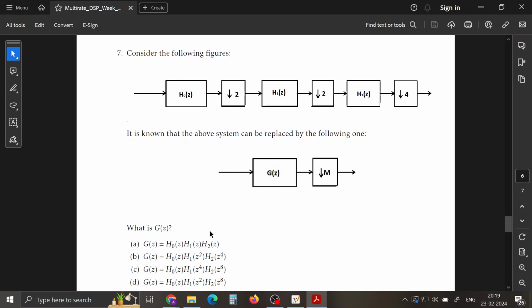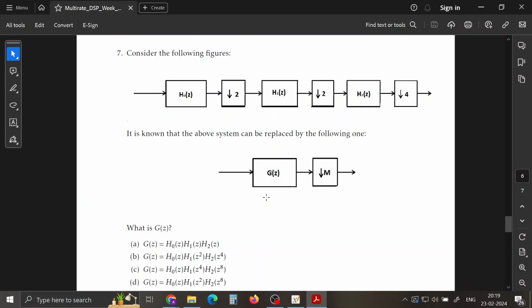And the simplified figure on the bottom is just a single filter followed by one downsampler. So the key is, if you are able to group the downsamplers together on the right hand side, and group the filters together on the left hand side, you are done. You can land up in the simplified form which is given.